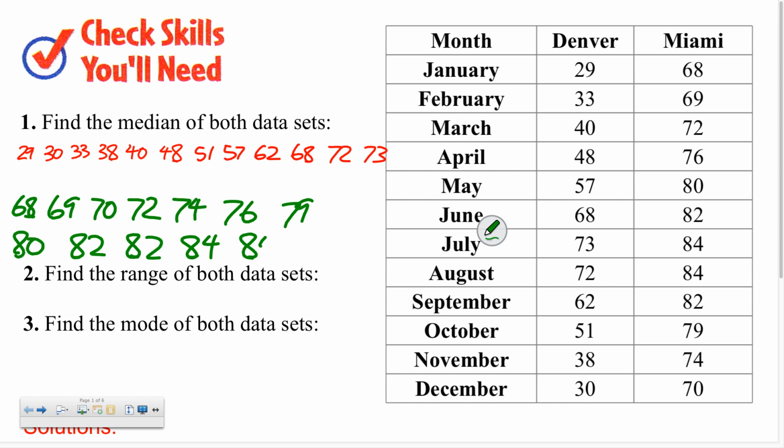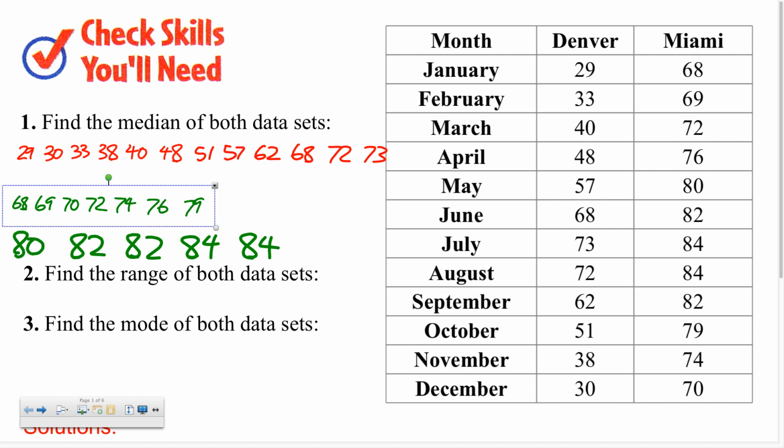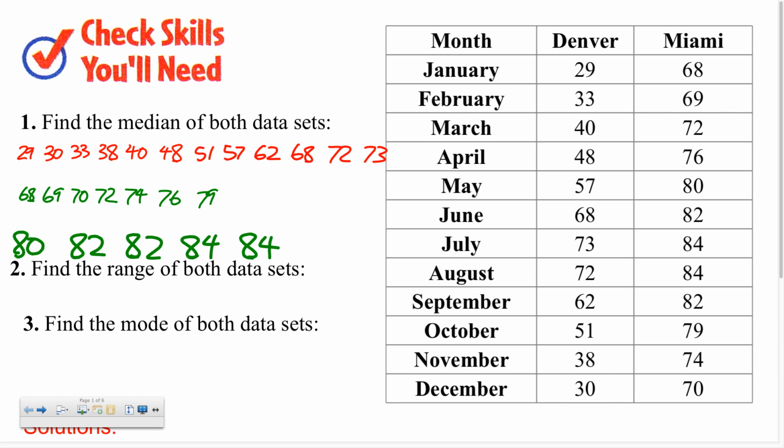And 84. That's it? Okay, and they're 12 months, right? So we should have 12 in each. 1, 2, 3, 4, 5, 6, 7, 8, 9, 10, 11, 12. Okay, let me shrink this down so we get these to fit.